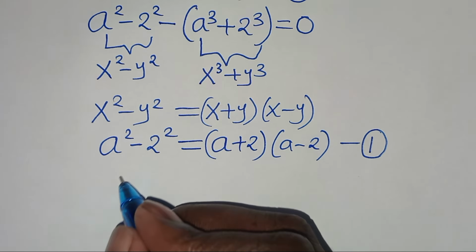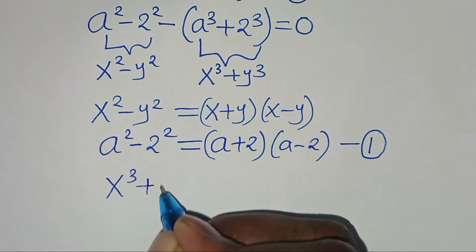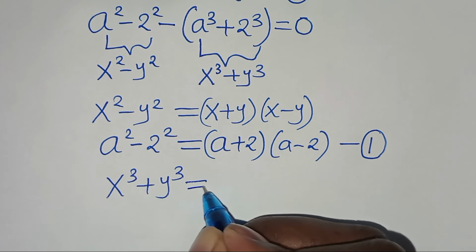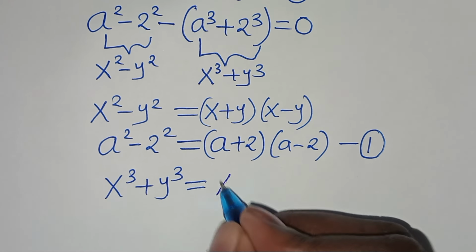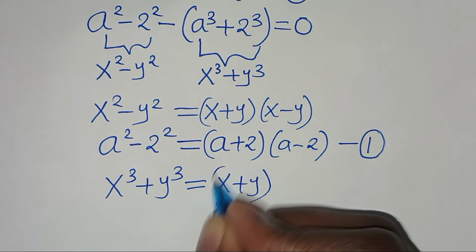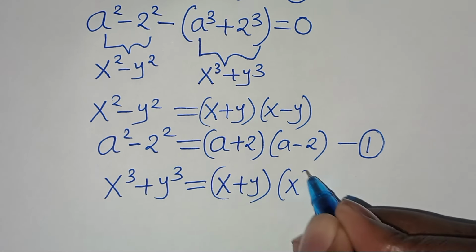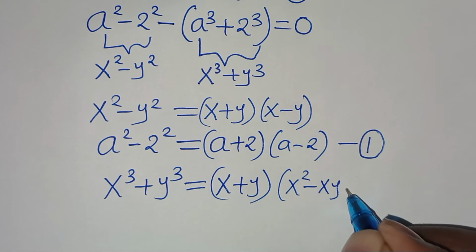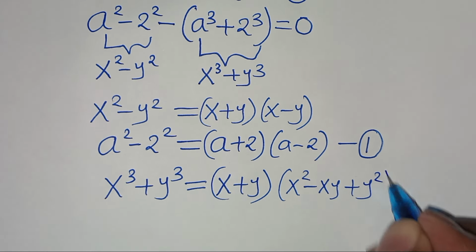Now we have that x to power 3 plus y to power 3. This is the sum of two cubes, which we can express as x plus y, then here we have x squared minus xy plus y squared.